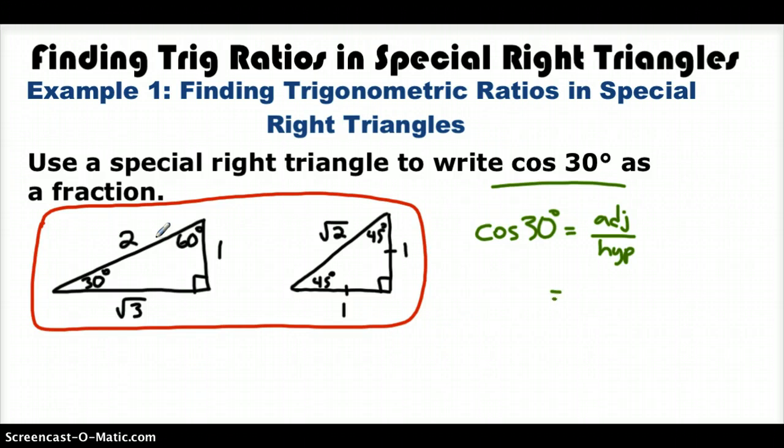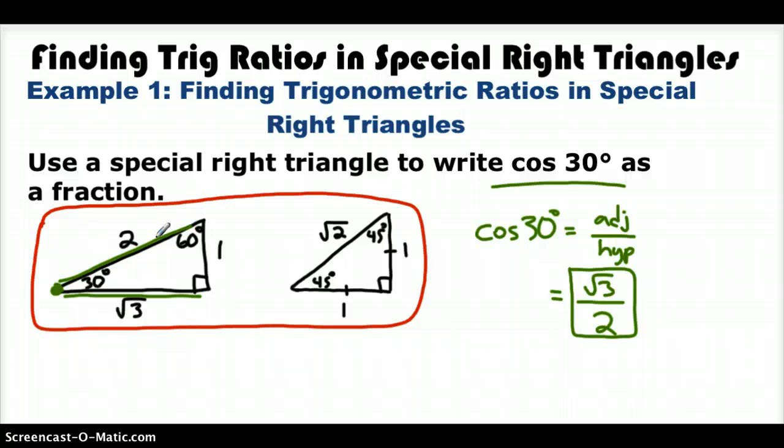So the cosine of 30 degrees, well, the adjacent here, again, connected to 30 degrees, the adjacent leg is radical 3, and the hypotenuse here is 2. Okay, so radical 3 over 2 is what we have here. Okay, so that is going to be our cosine of 30 degrees, and we represented that as a fraction.